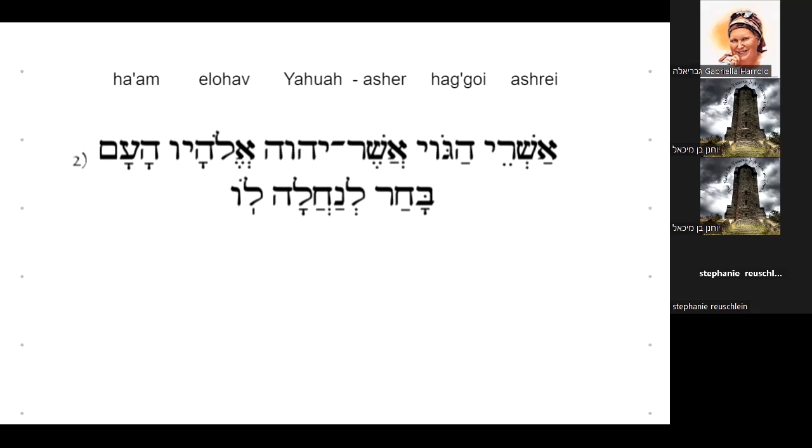So we have a bait, pointed kamatz, ba, right? Then we have a chet, and it's pointed patach with a resh, char. So bachar. All right, what about the next word here?